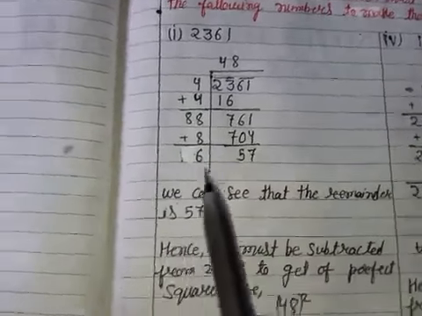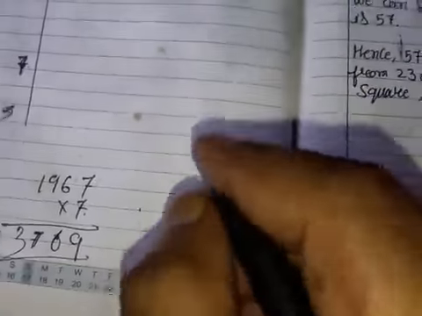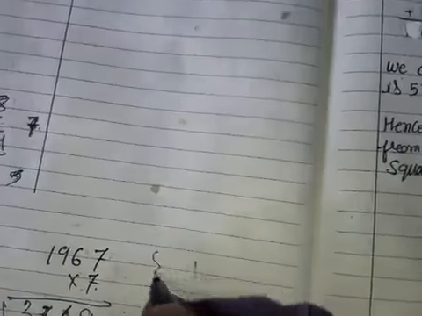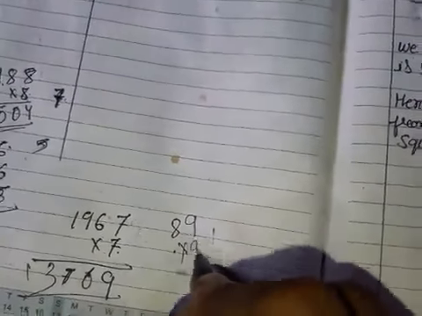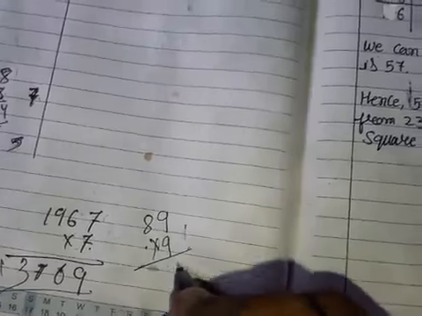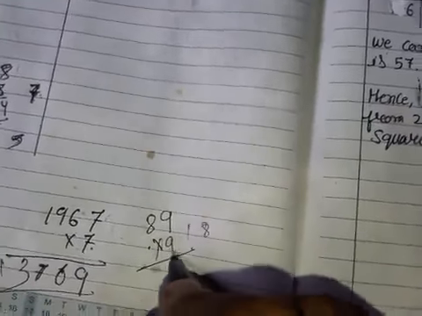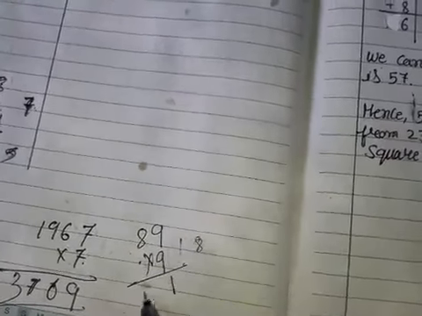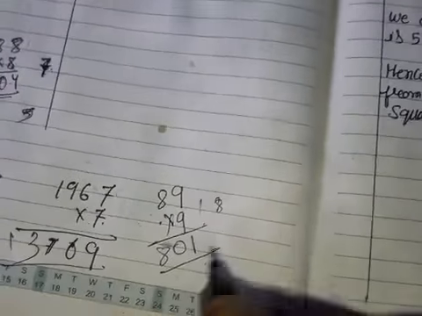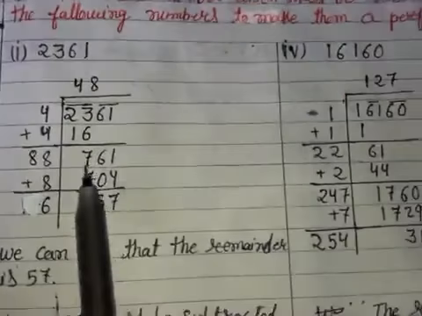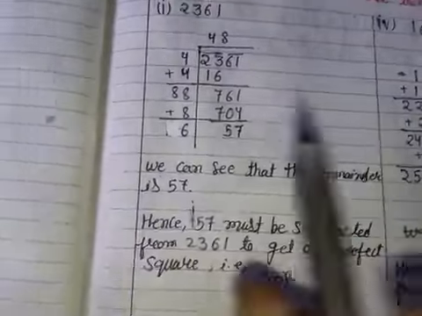If we multiply it by 9, that means 89 into 9, 9 9s are 81, 801, which is greater than 761. So we take here 8.